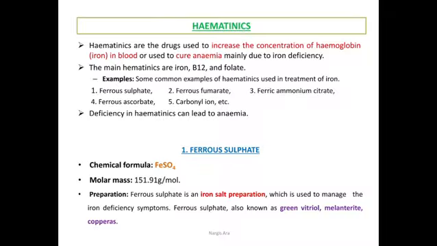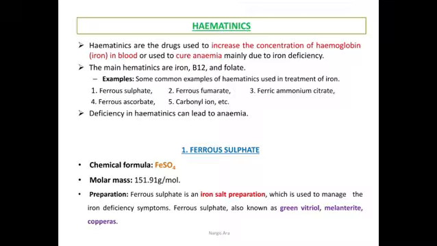Next, hematinics. What are hematinics? Hematinics are the drugs used to increase the concentration of hemoglobin, which is iron in blood, and are used to cure anemia mainly due to iron deficiency. The main hematinics are iron, B12 and folate.